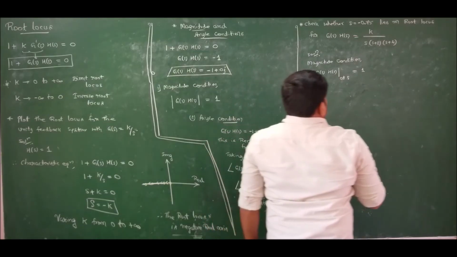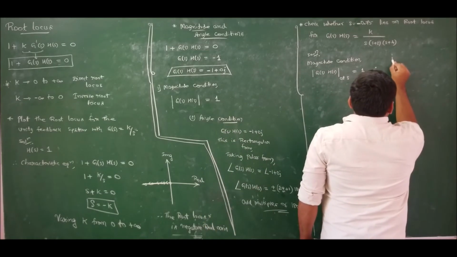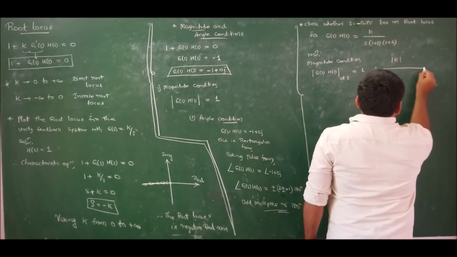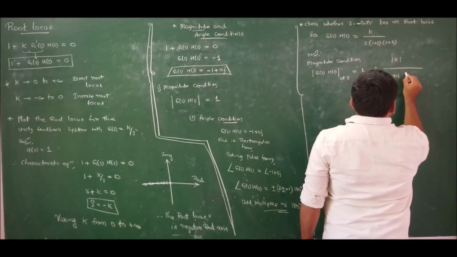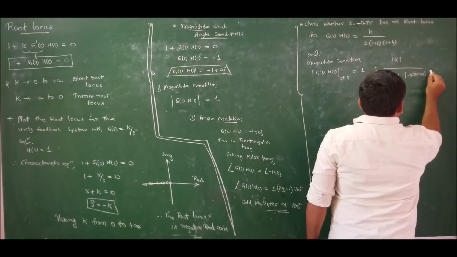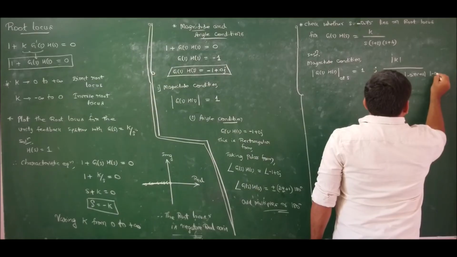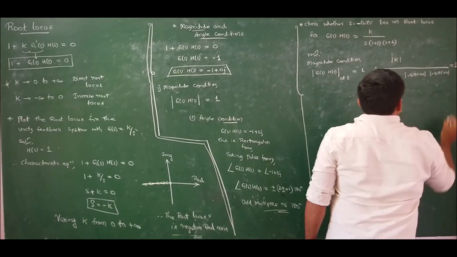Correct? So therefore, modulus of K divided by modulus of minus 0.75, modulus of minus 0.75 plus 2, into modulus of minus 0.75 plus 4. This must be equal to unity.